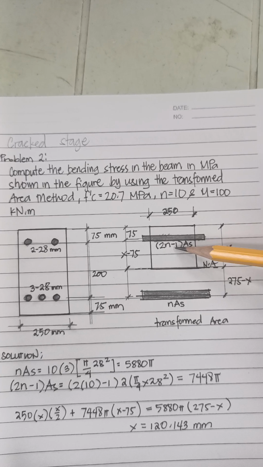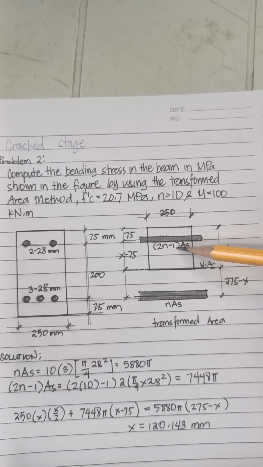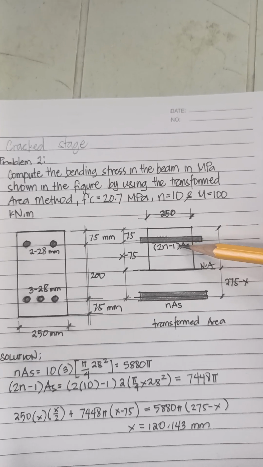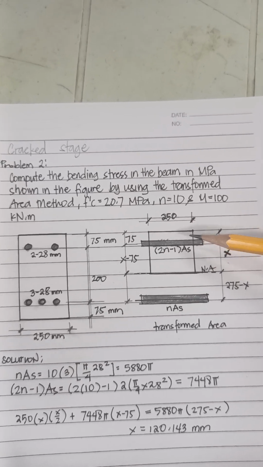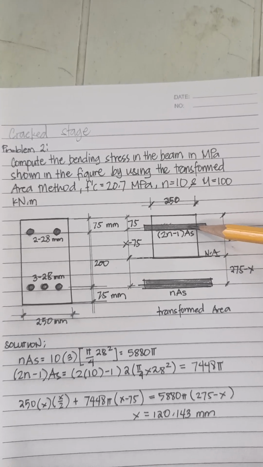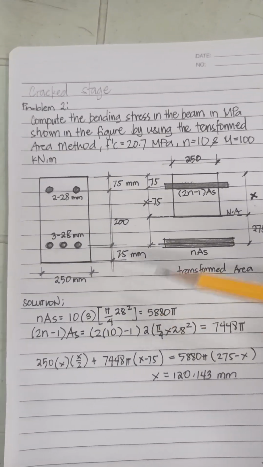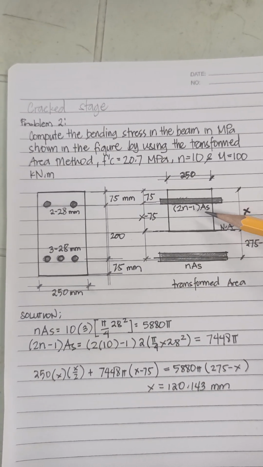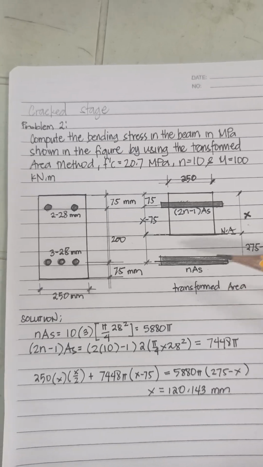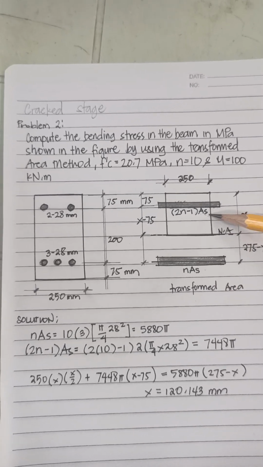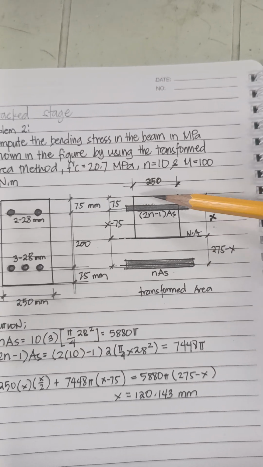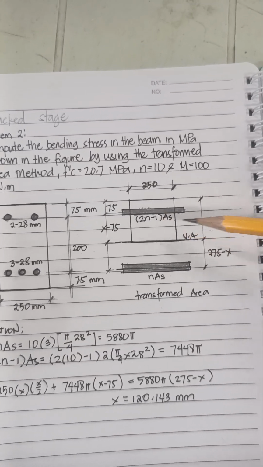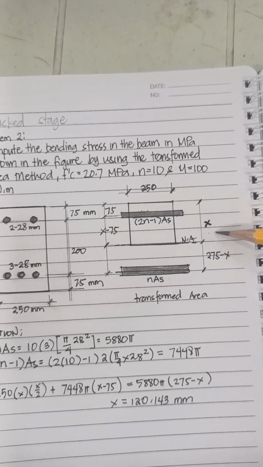So there is a minus 1, to compensate for the hole that would have been in the concrete. As you can see here, we need to compute the nAs and the (2n minus 1)As for the transformed area. And then the height of our concrete will be unknown, so x.